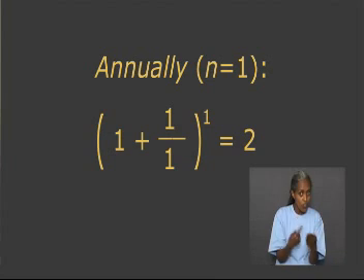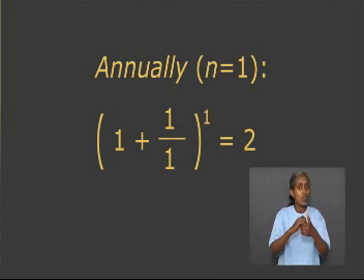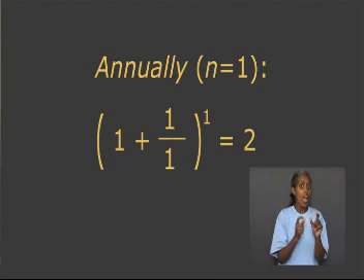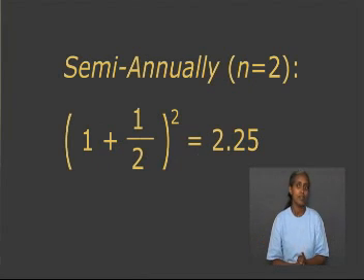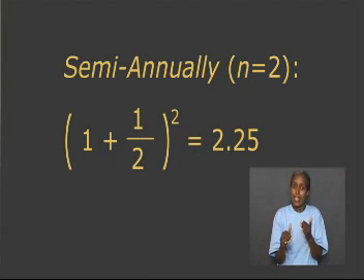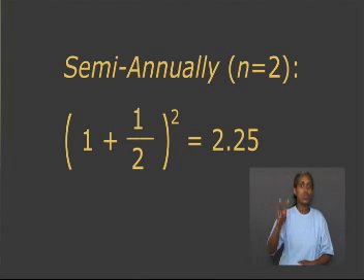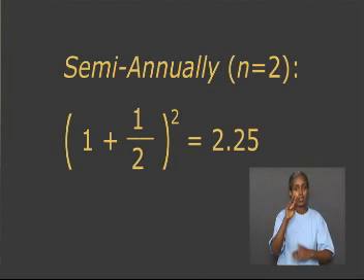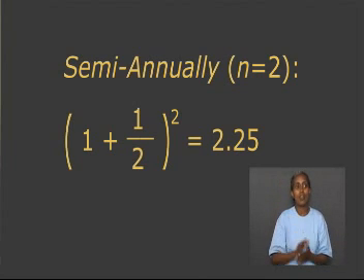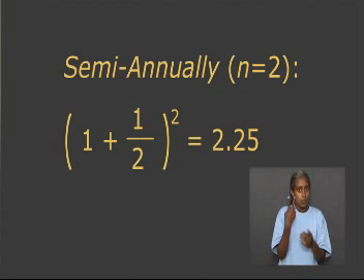Therefore, 1 bir will turn into 2 bir if compounded at 100% annual interest. If interest is compounded semi-annually, then (1 + 1/2)^2 equals 2.25. 1 bir becomes 2 bir and 25 cents.